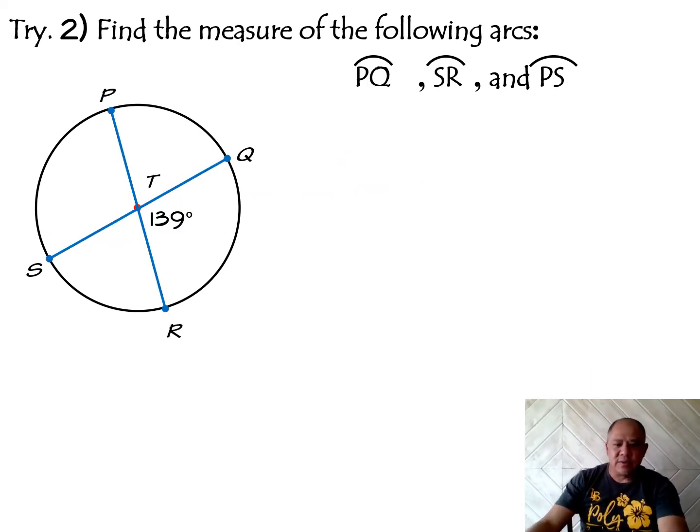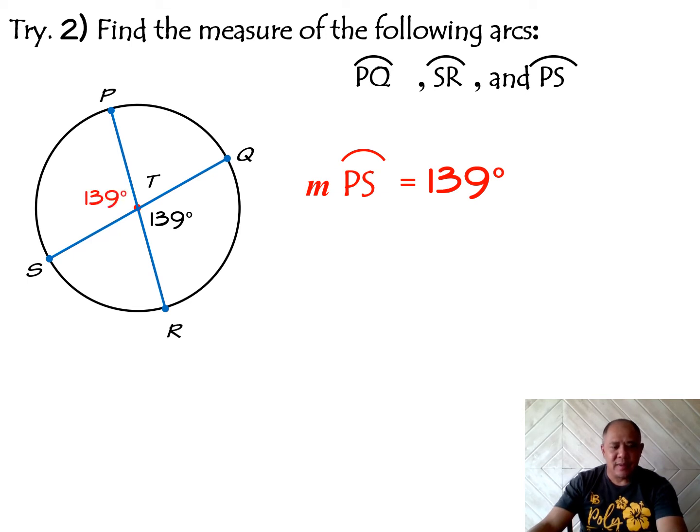Okay, let's take a look at try 2. We've got to find out PQ, SR, and PS. Well, what can we find out without any math right now? That's right, we can find PS. PS is vertical to QR, so PS is 139. Now, what can we find out next?